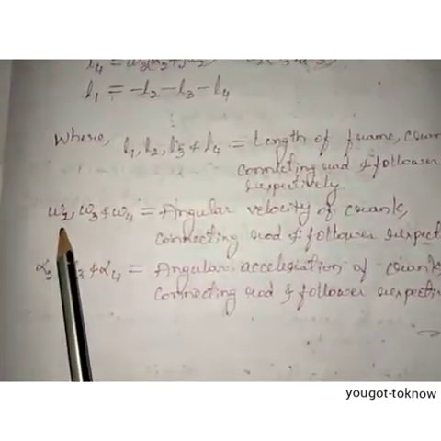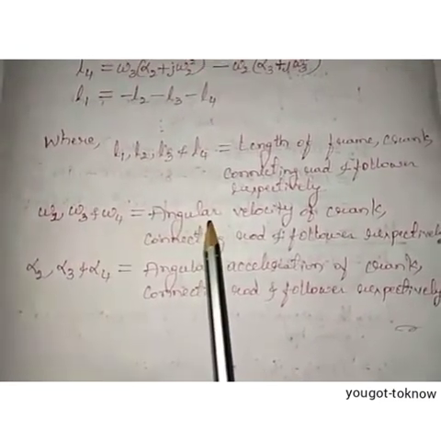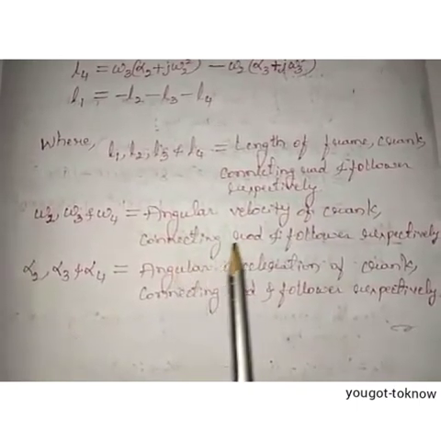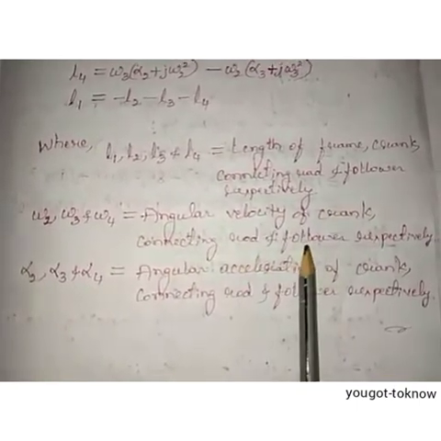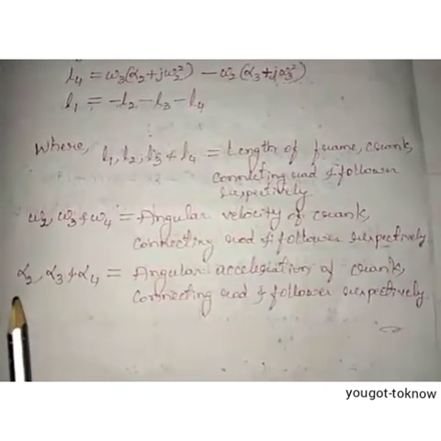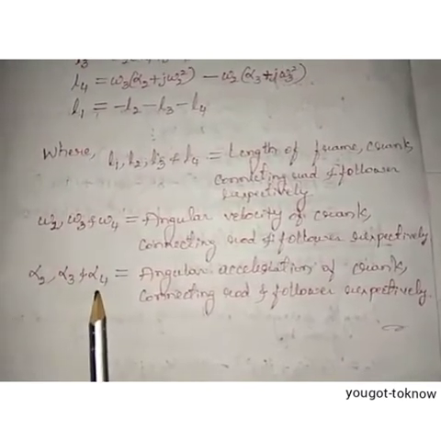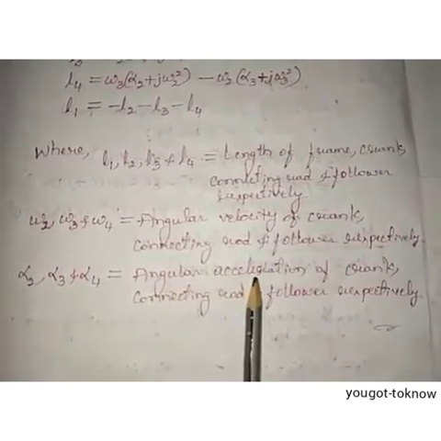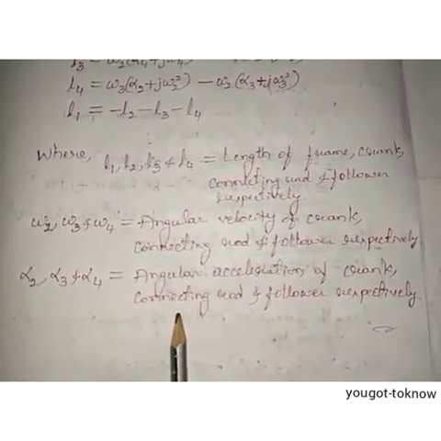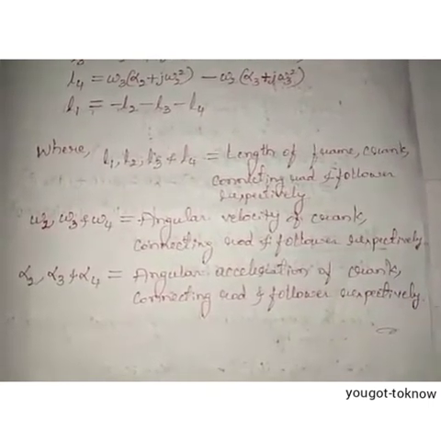Similarly, omega 2, omega 3 and omega 4 are the angular velocity of the crank, connecting rod and follower respectively. Alpha 2, alpha 3 and alpha 4 are the angular acceleration of the crank, connecting rod and follower respectively.